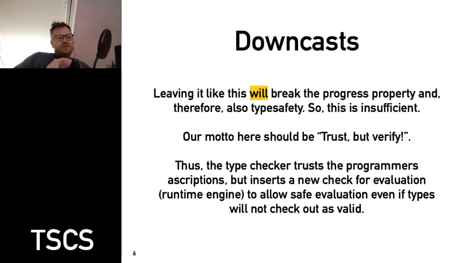And this is exactly what your Java virtual machine does. It trusts that your downcasts can be made. However, in order to have a valid program state, they throw an exception if that's not the case, because they check at runtime if this is the case, and if it's not, they throw an exception. We want to mimic the same behavior now in the lambda calculus.